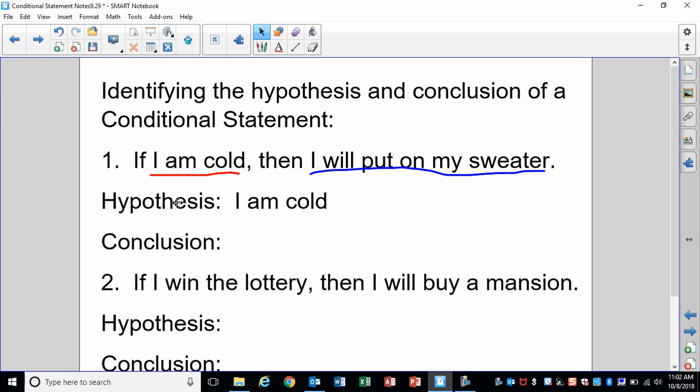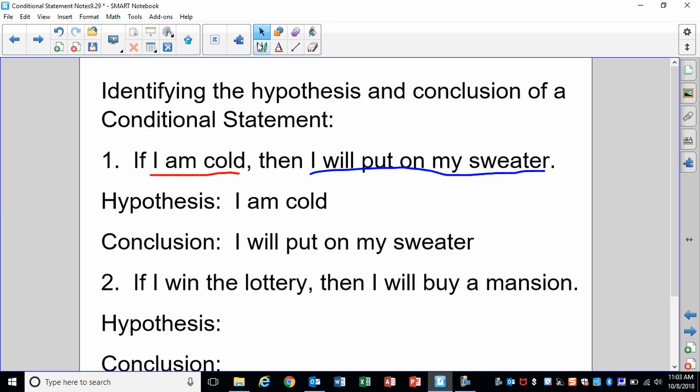And when we speak about the hypothesis and the conclusion, we are talking about the sentence that follows if and follows then. So we do not include if and then when we speak about the hypothesis or the conclusion. So the hypothesis is I am cold. The conclusion is I will put on my sweater.